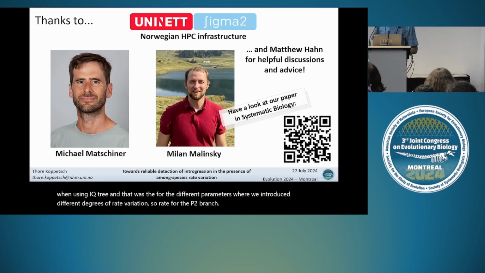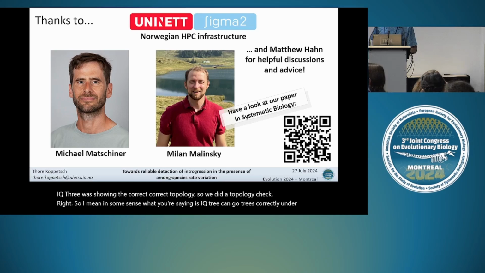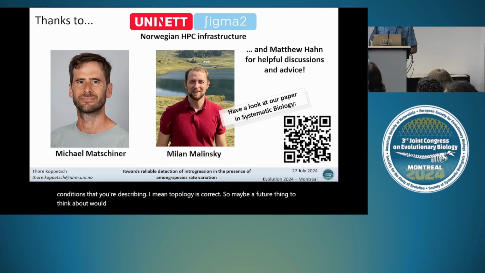IQ-tree was showing the correct topology, so we did a topology check. Right. So in some sense, what you're saying is IQ-tree can build trees correctly under the conditions that you're describing, topology correctly. And so maybe a future thing to think about would be, are there conditions under which the trees tend to have errors? Yeah, okay, maybe in future to check.